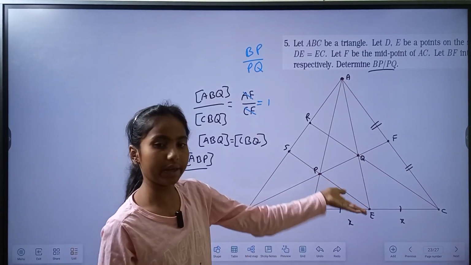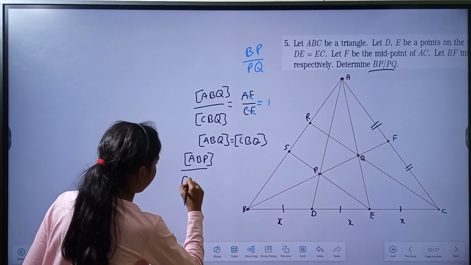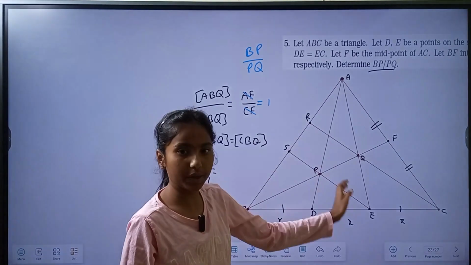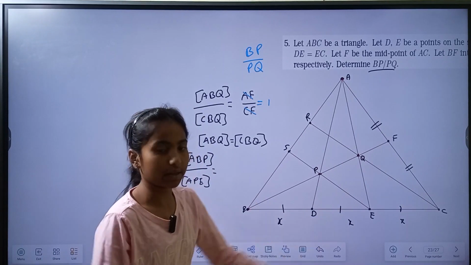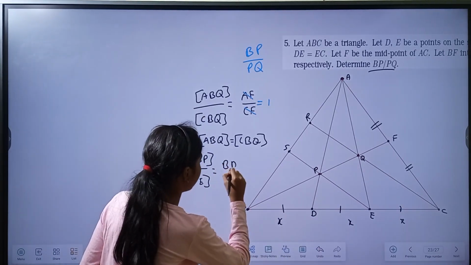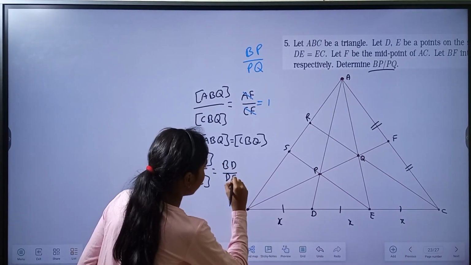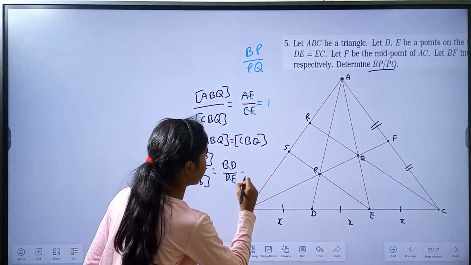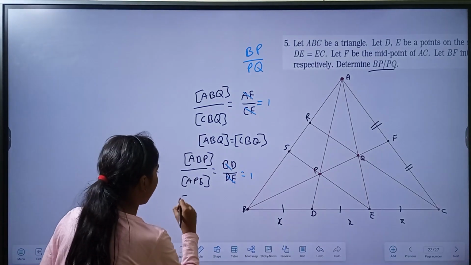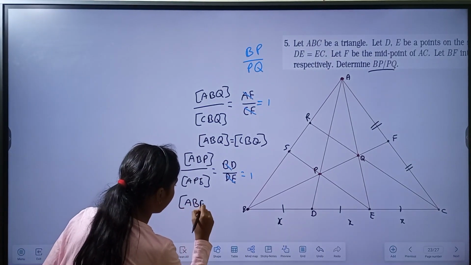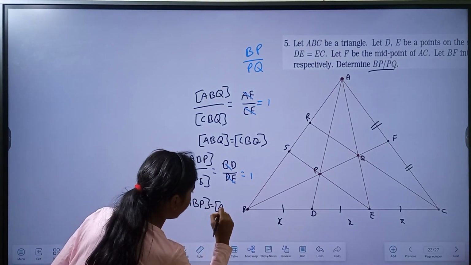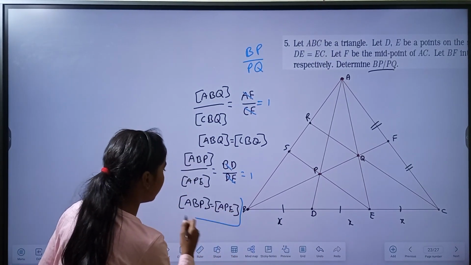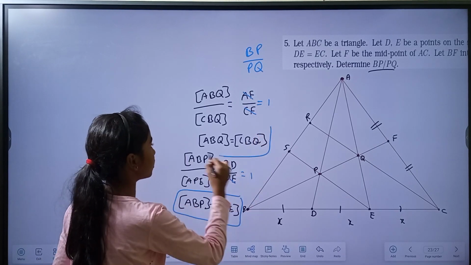This is equal to BD by DE, and D is the midpoint of BE. So again we get the value 1, which means ABP is equal to APE. These both triangles' areas are equal.